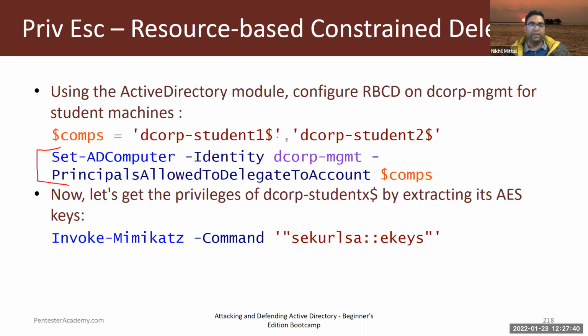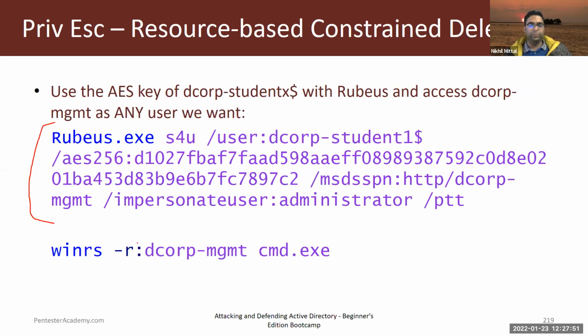All right. So for example, if I set it up for dcorp-student$1 student VM, I extract the AES keys for that account and then use Rubeus as user dcorp-student$1, provide their AES keys and request an HTTP ticket as the domain administrator.